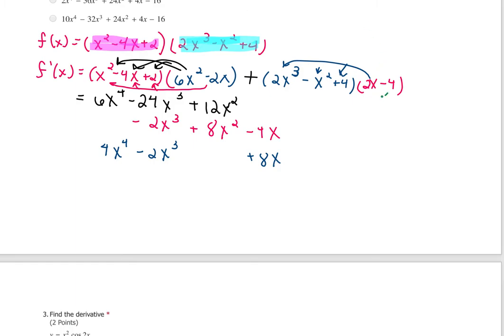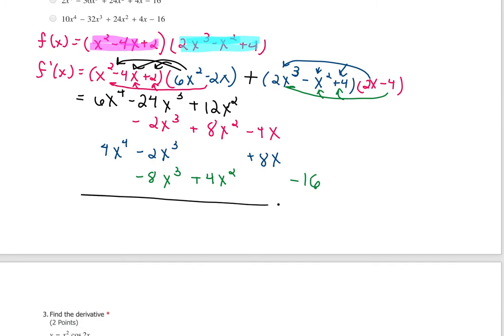And now I'm going to take the negative 4 and multiply it by all three of these terms. So negative 4 times this is going to give us a negative 8x cubed plus 4x squared minus 16.